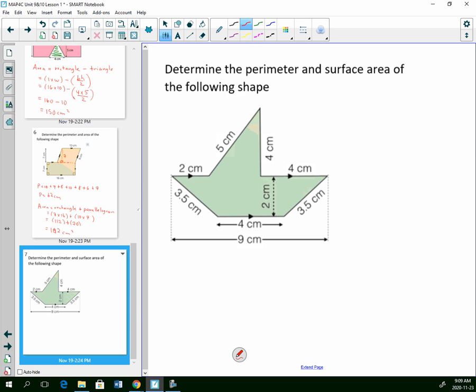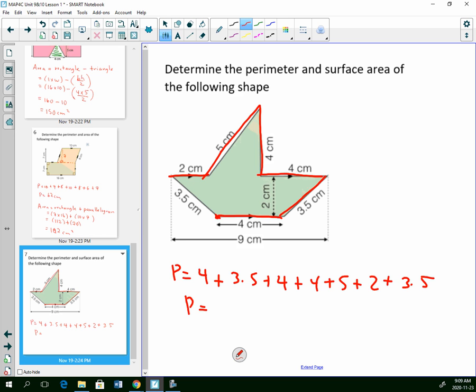Okay, so perimeter is pretty straightforward. I'm going to start here. I've got 4. This is given. This is given. And 4 and 5 and 2 and 3.5.